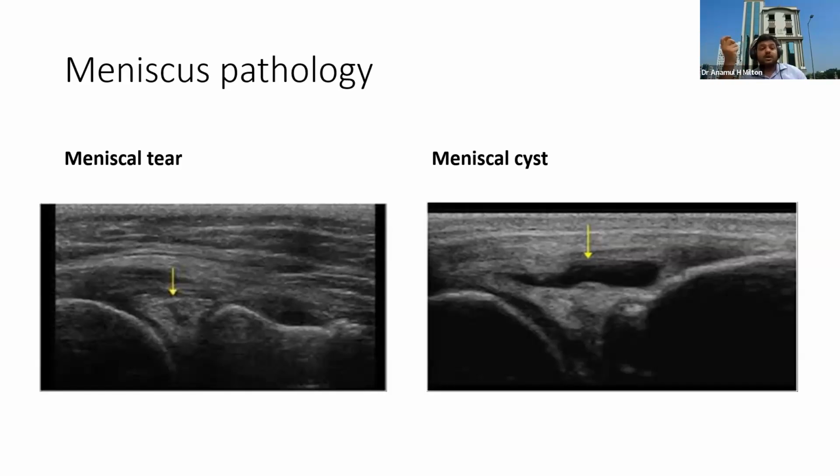After aspiration of this cyst, after a few days the patient was fully pain free, and 3 to 6 months later we saw this patient again and still now the patient is fully pain free.